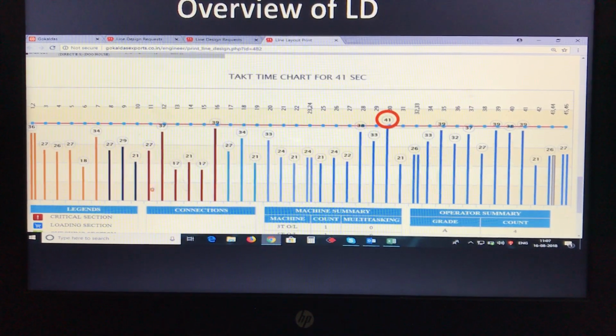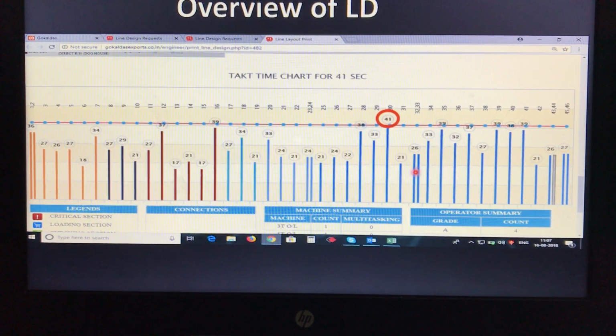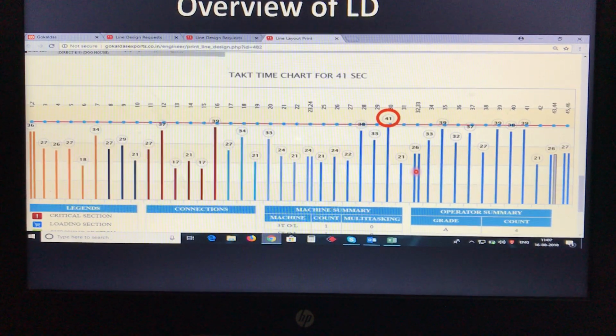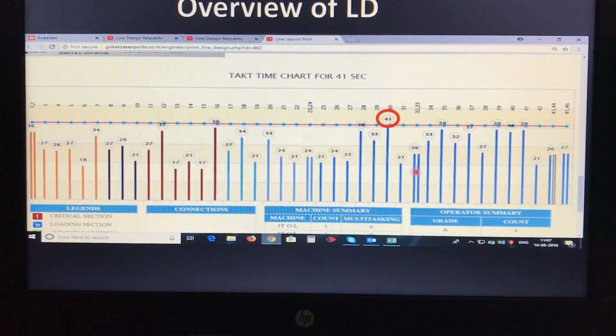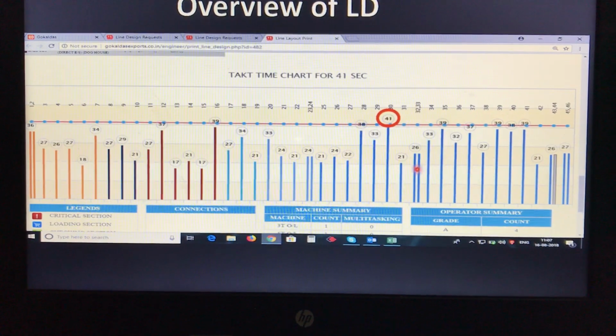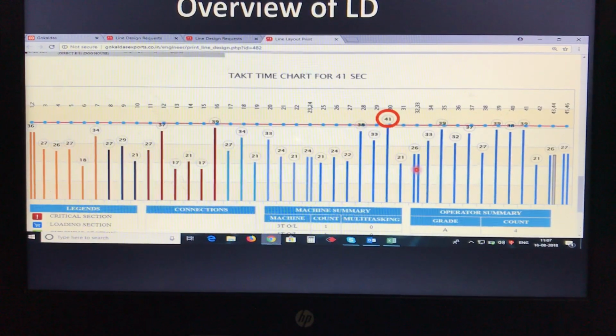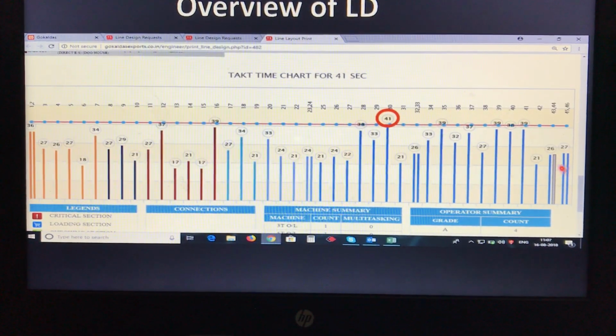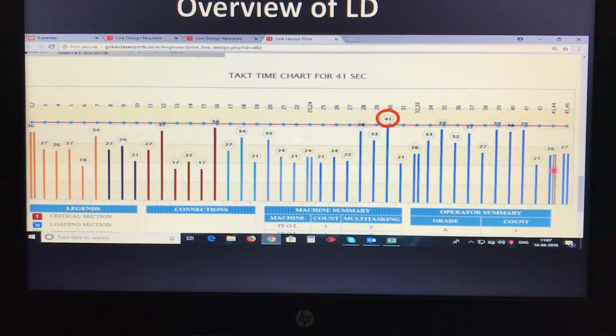So the logic is wherever you have two operators or two workstations for one operation, this is how the bar would look, equal 26, 26. Here you have two bars, which means there are two workstations for this work, each one sharing 26 seconds of work content.